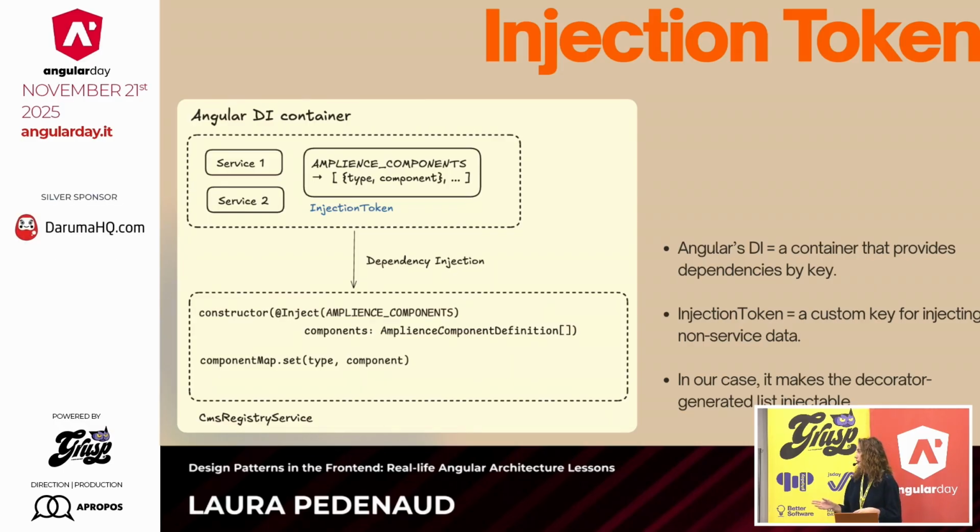Injection token lets you register and inject typed custom values. And in our case, we actually want to inject a list. I will talk about it later. So instead of calling a service, you can inject a map or list or anything.